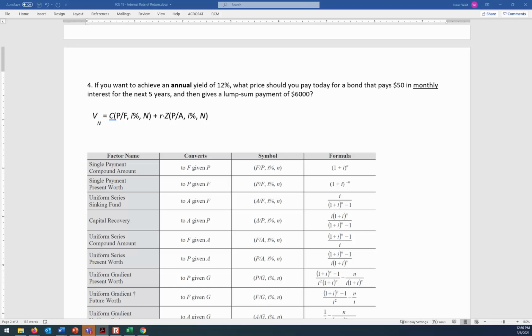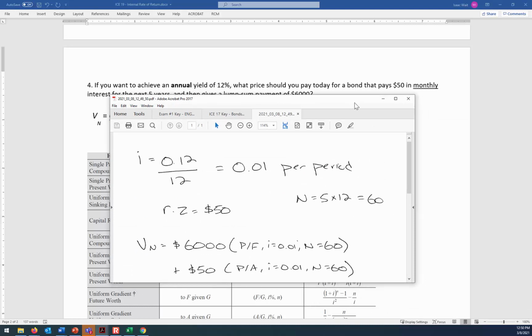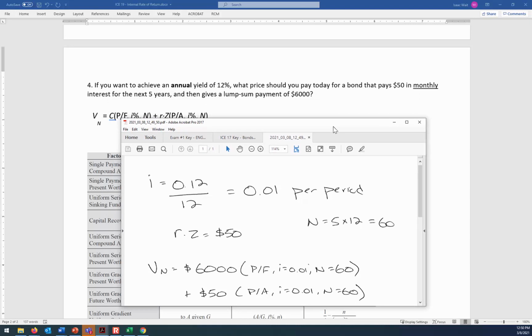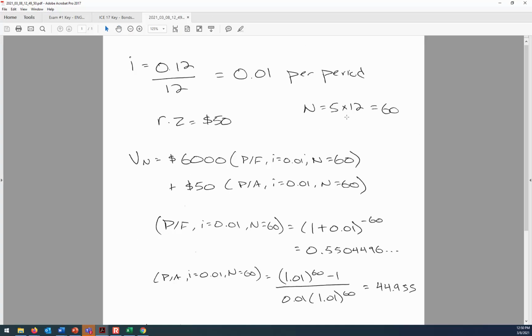All right. Okay, so annual yield of 12%, but it is compounding monthly, so that means that the interest rate per period is 0.01, and there are 60 periods because it's 5 years of 12 periods per year.